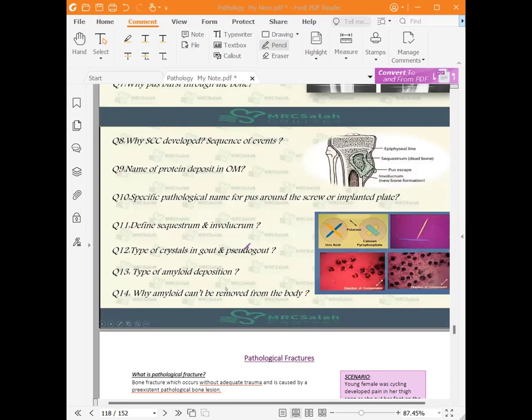Or you can say it cannot be broken down because of their stability and ordered structure. Can you repeat, Doctor, again? Amyloid fibrils are very hard to break down because of their stability and ordered structure.